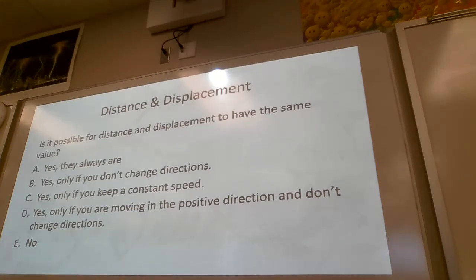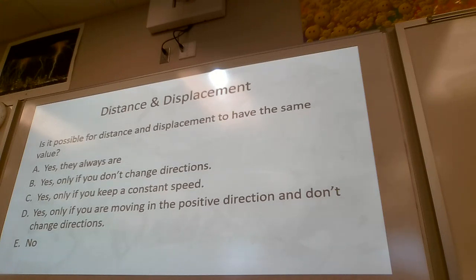All right. Correct answer is D. Dangerous dinosaurs. Okay. So if you're moving this way in the negative direction, if you turn around, that breaks things. But if you're always moving in the positive, you're good to go. But here's the cool little secret.